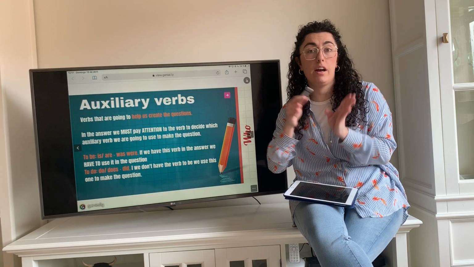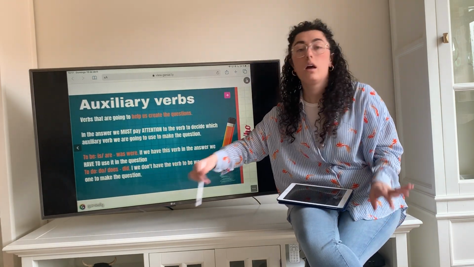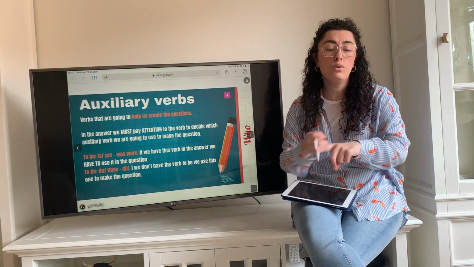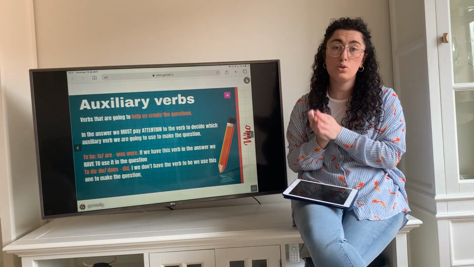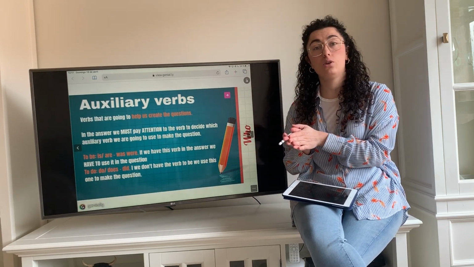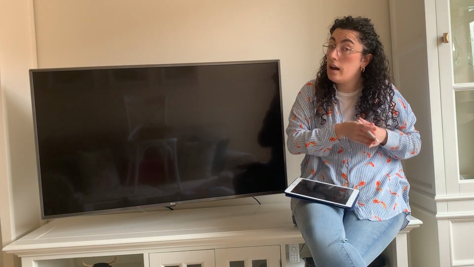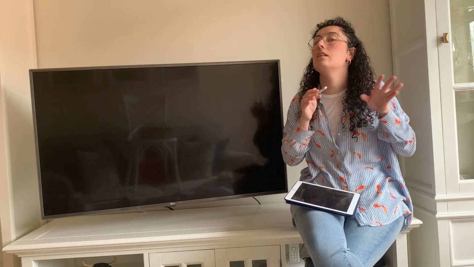Those are the verb to be, and then we have the verb to do. For example, I do, she does. Also, we can use these 2 auxiliary verbs in the past. In the case of verb to be, we can use was or were, and in the case of the verb to do, we can use did. Remember, the past of do is did.